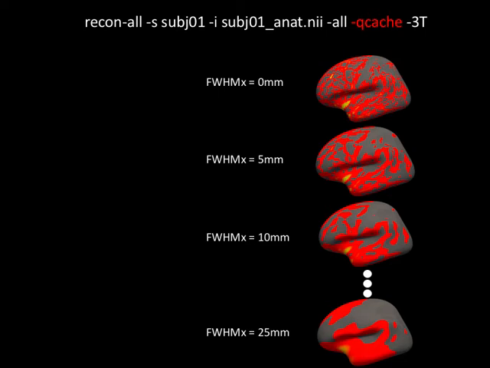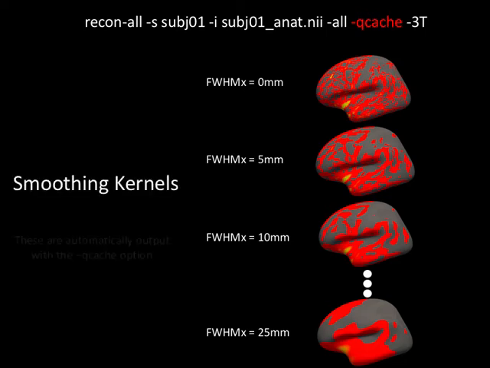So it saves you a ton of time as opposed to doing that each time that you did a group level analysis. This is already going to be cached, right? So it just makes the whole process a lot easier. And like I said, these are all automatically output with the qcache option.